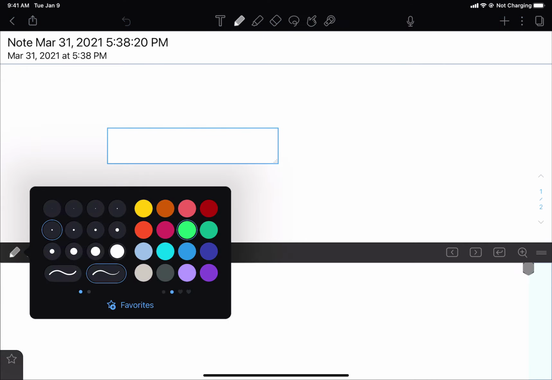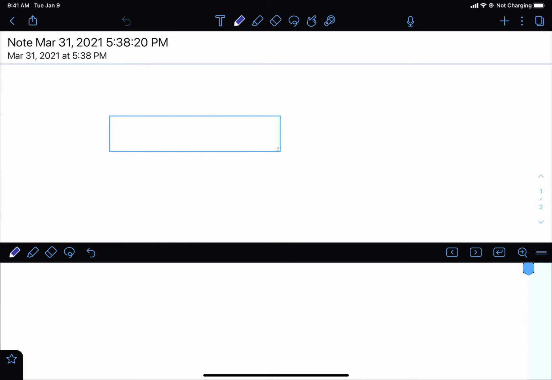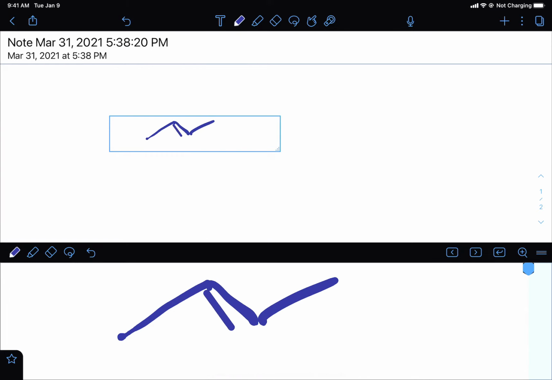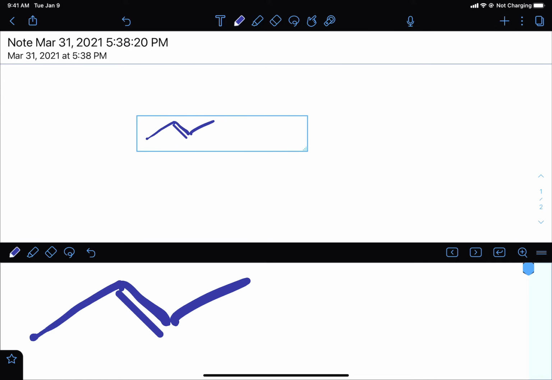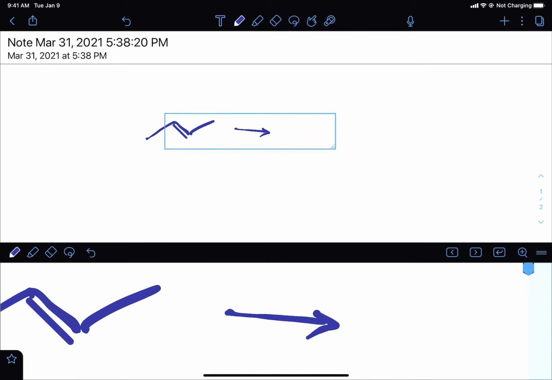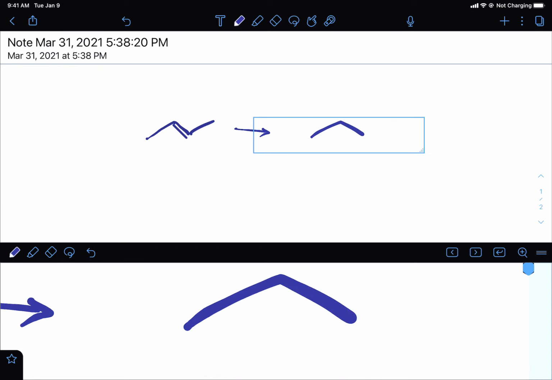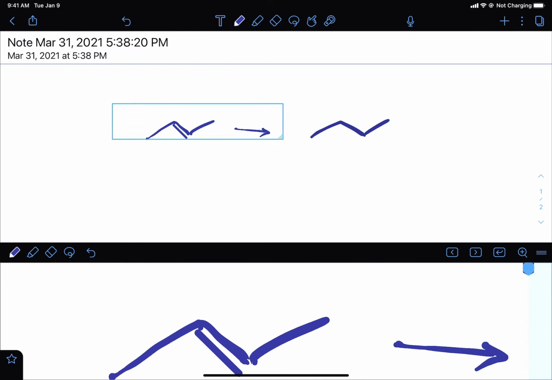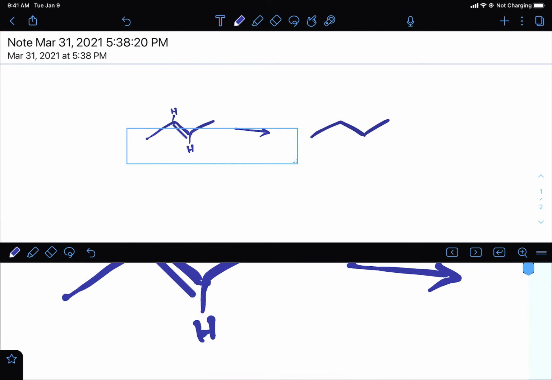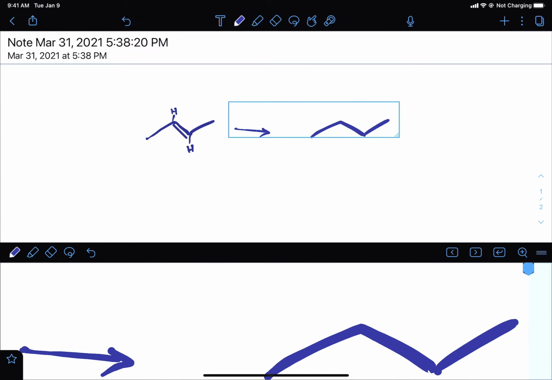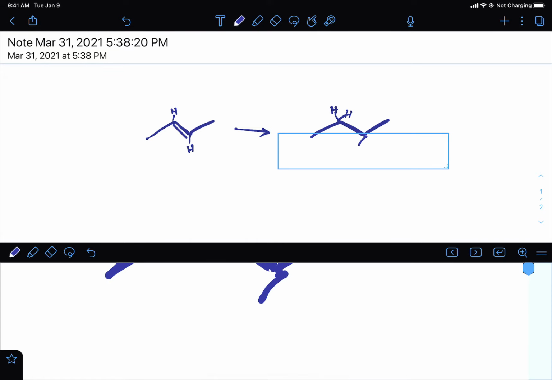What we're doing is we're going to take an alkene and we're going to convert that alkene into an alkane. Okay, so here we've got 1H on that carbon and 1H on this carbon. We're going to use up that pi bond and fill it in with another bond to H on each carbon.